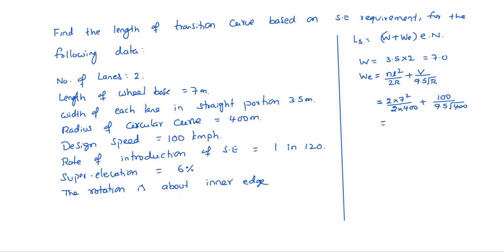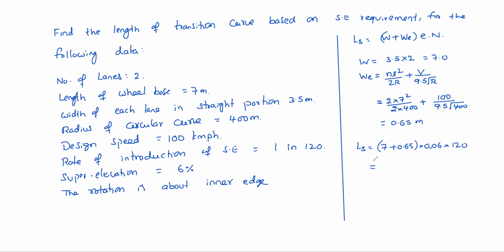So the extra widening here is 0.648, that means 0.65 meters is the extra widening. Now substituting in the formula, LS equal to W 7 plus 0.65 into E 6%, that means 0.06, into N. N is here 120.